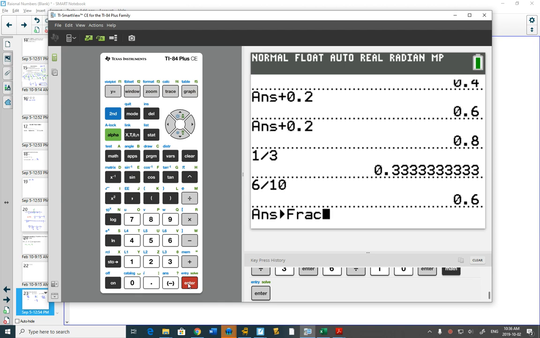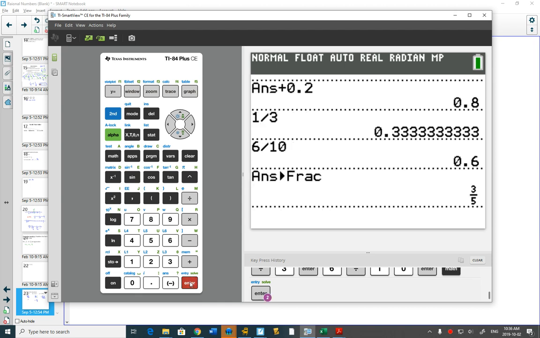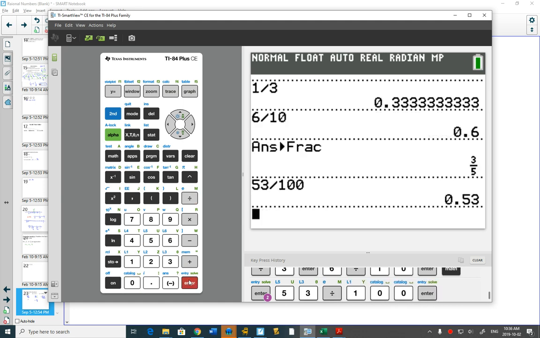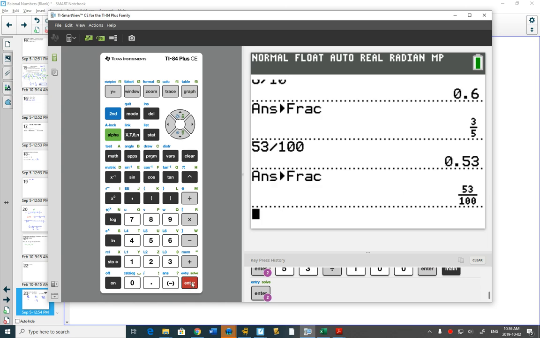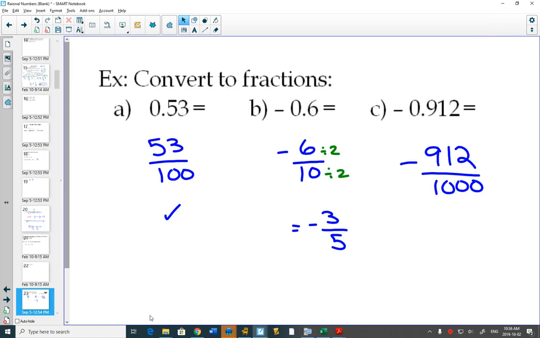And when I push yes, see if it comes up as 6/10. Comes up as 3/5. It automatically reduces it to its lowest term. So when I do 53 out of 100, 0.53, if I change it to a fraction, it keeps it as 53 out of 100. I know from my calculator that this one is in lowest terms.